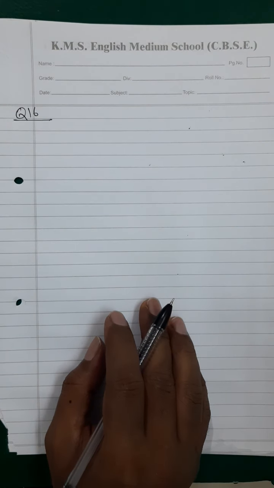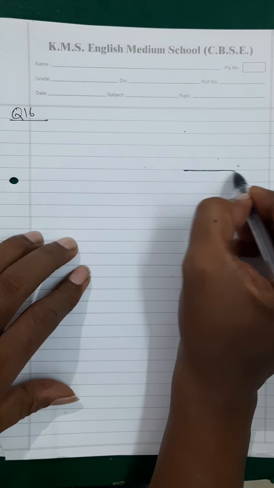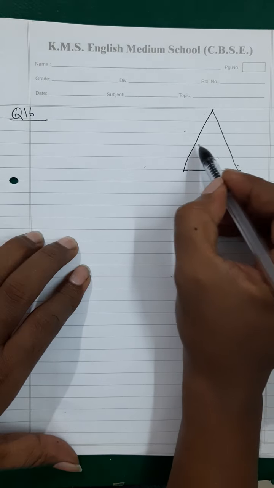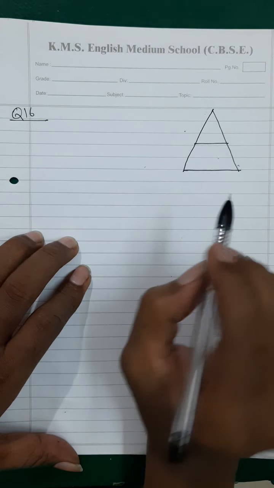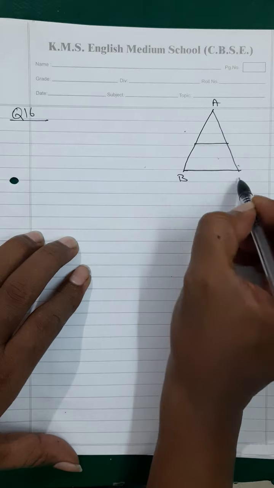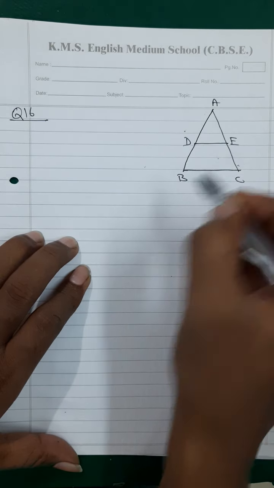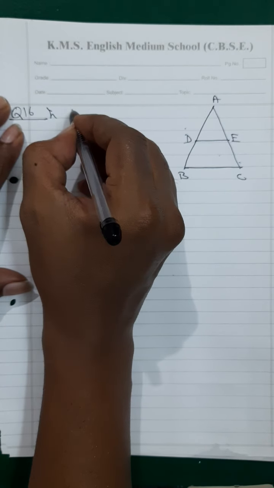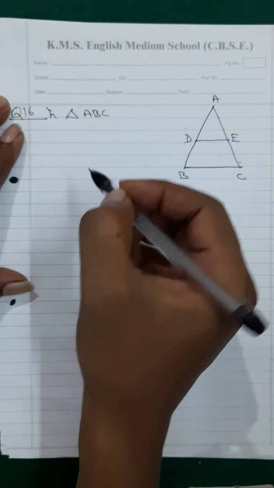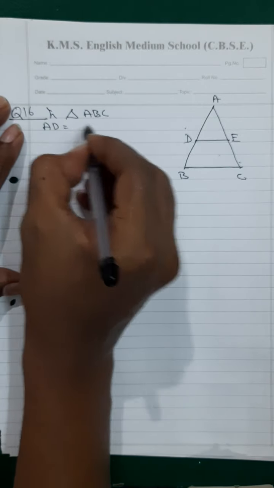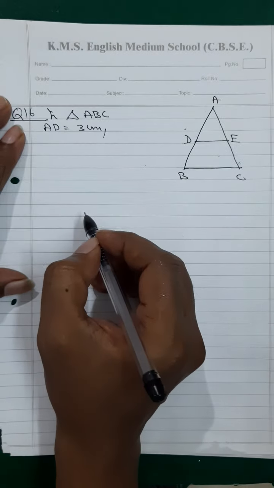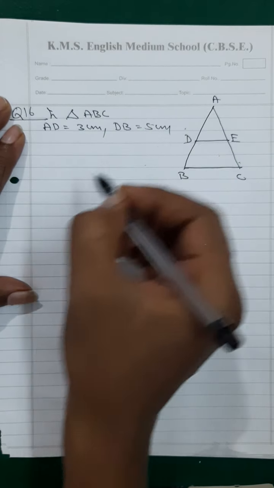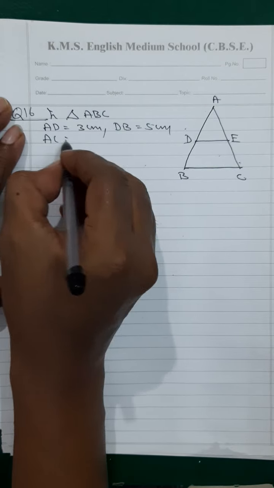See, here there is a triangle given to you all people. This is A, B, C, D, E. Here in the given triangle ABC, they have given straight AD is equal to 3 centimeter, DB is equal to 5 centimeter, AC is equal to 16 centimeter.